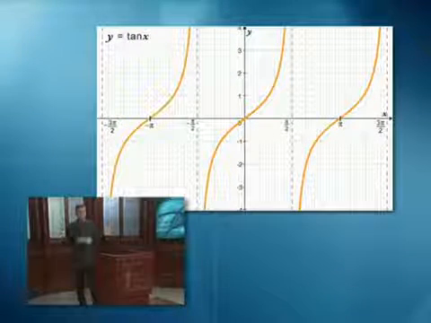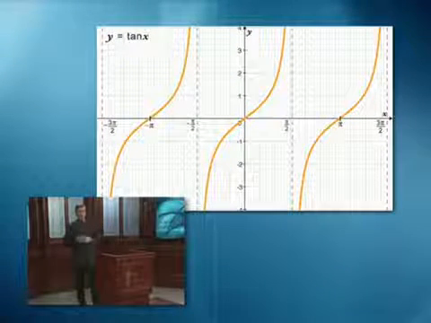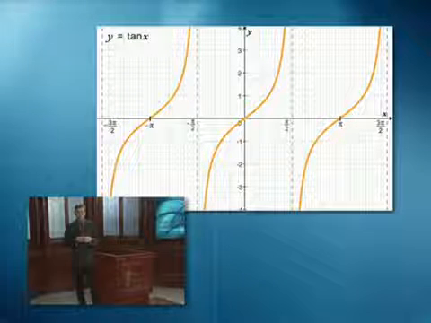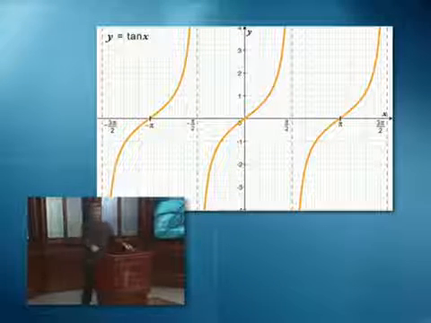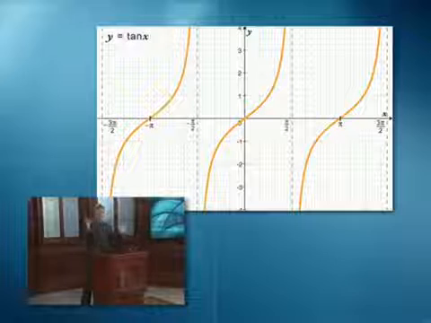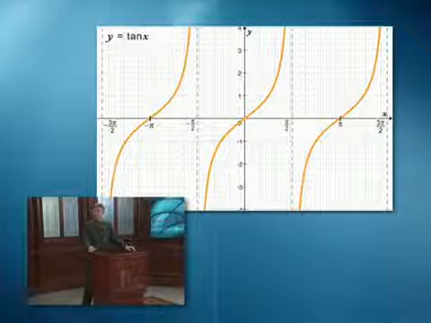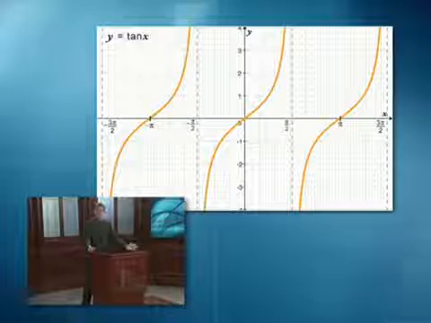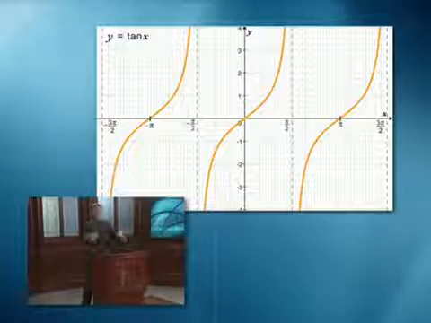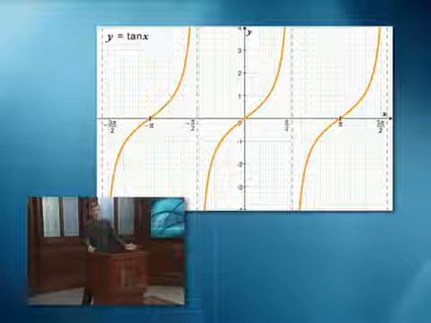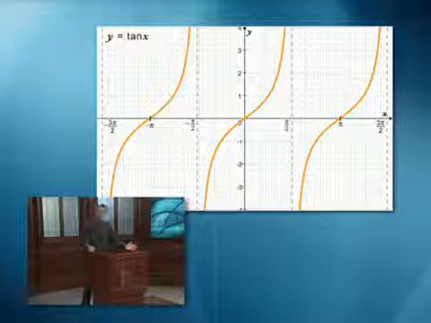First item. Is it 1-to-1? Not even close. Horizontal lines hit this curve infinitely often. Let's restrict the domain. Same pattern here over and over again. What would be a good domain? Well, I think everybody would vote for minus pi over 2 to pi over 2.